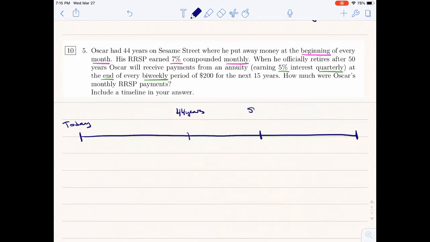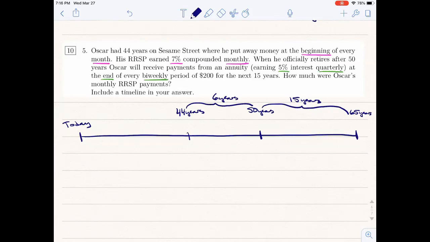And then here at 50 years, and then for a total of 15 years, right? So this length of time is 15 years, which makes this 65 years from today. And also this length here is going to be 6 years. And of course, the first chunk of time is 44 years.